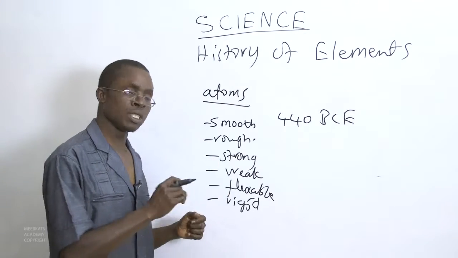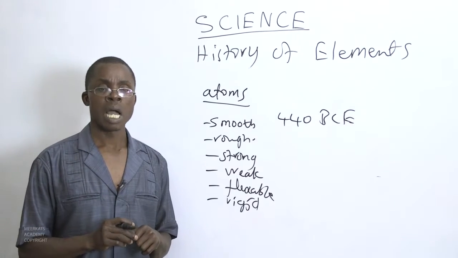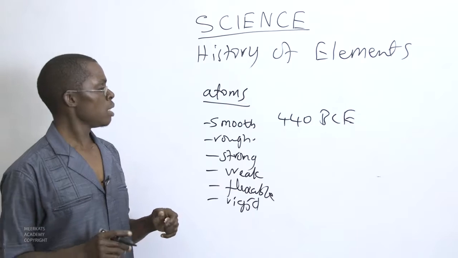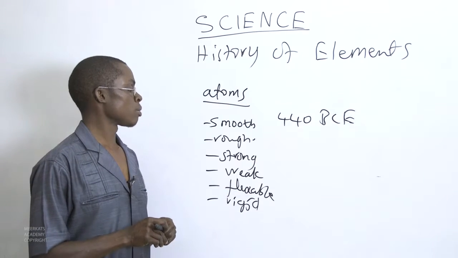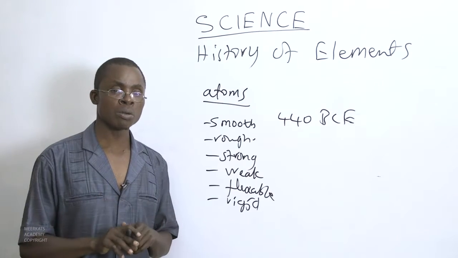We have some voids, they are the smallest particle, and so on. Then they came up with some explanation which as of now is wrong, but by then that was the explanation.